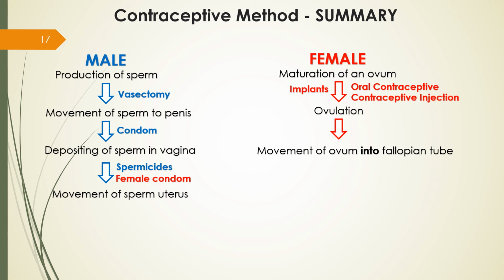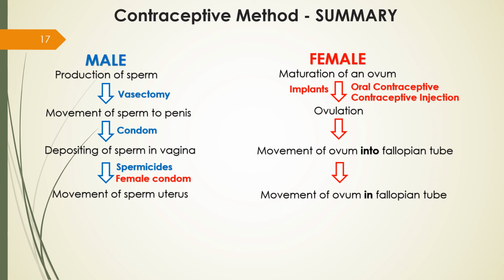But also the female condom, okay? Because the sperm has been deposited in the vagina, but if you have a female condom inside, this sperm will not go to the uterus, okay? The female condom will stop them.